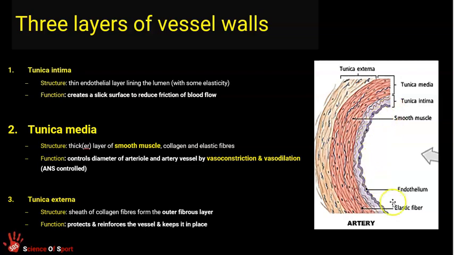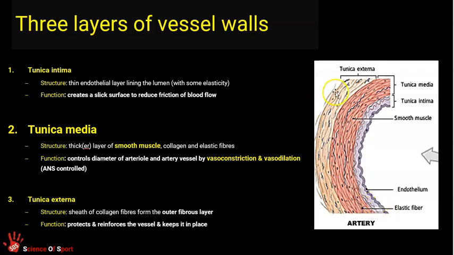So the tunica intima, the internal layer, would be our endothelial layer. You hopefully know from the respiratory system that capillaries are one cell thick. They only have this endothelium layer, these endothelial cells. That is the thin, one cell thick wall of a capillary.